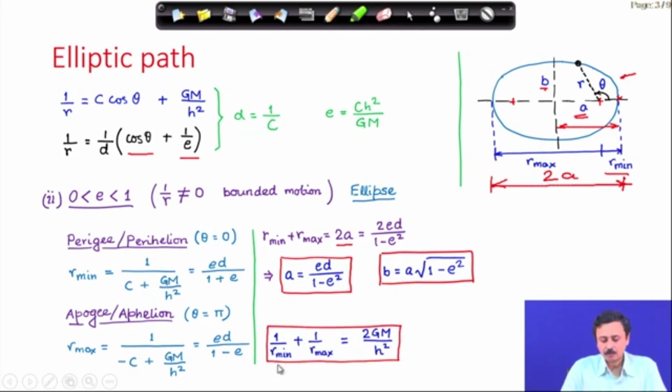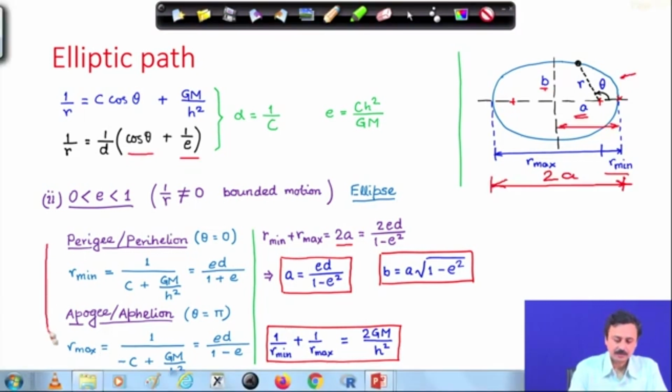Now, if I look at 1 by R min plus 1 by R max, which I can find from whatever I have written in the left panel, 1 by R min is C plus GM by h square, and 1 by R max is minus C plus GM by h square.